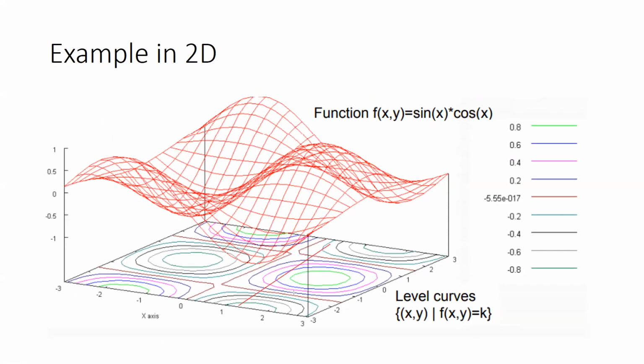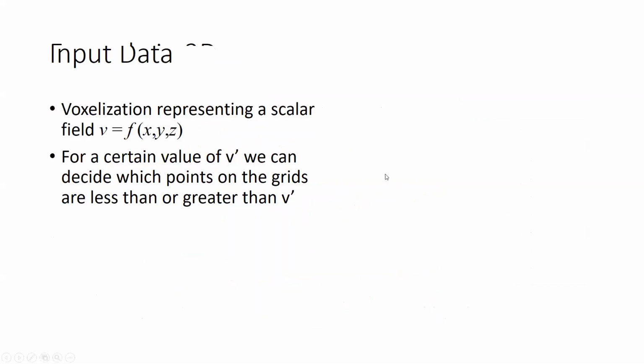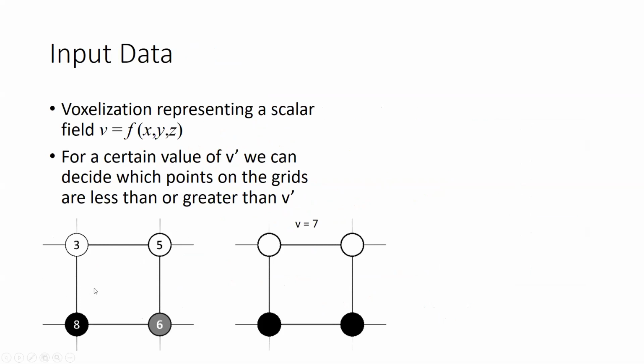I make it a grid, a bad grid, okay? And I only want to know the data at the grid crossings. I will sample all this data on the grid. And if I have that, I have something like this. If I want a certain value, let's say v equal to 7, I want the level set of v equal to 7, but you can see according to my left grid, actually not v equal to 7, v equal to, sorry, let me change that.